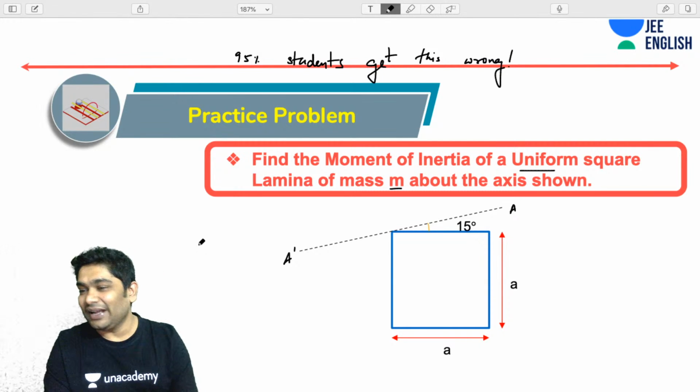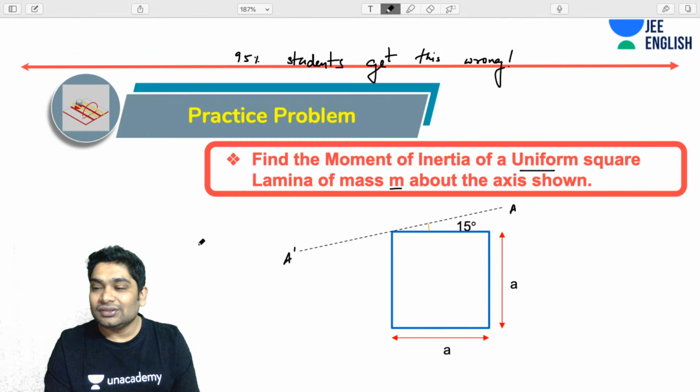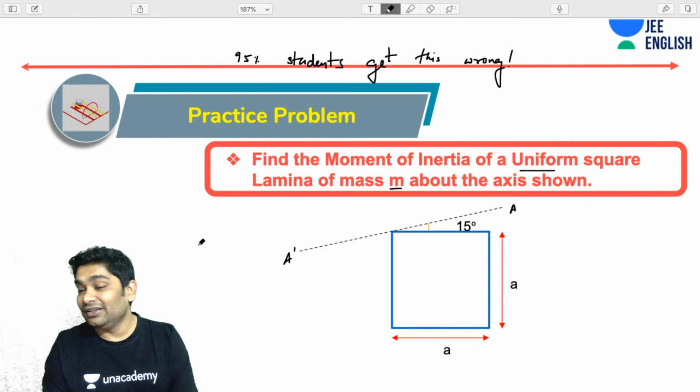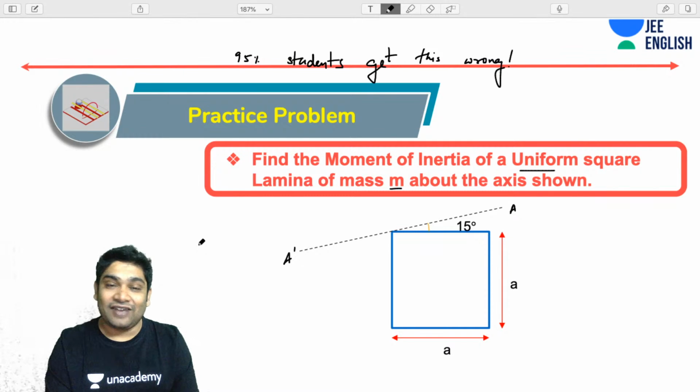Hopefully. That is my idea. As I said, 95% students make that mistake. So it's a very common mistake. So I want you to first try. If you make that mistake, then I want you to realize where you went wrong, why you made that mistake. If you don't understand where and why you're making mistakes, then how can you get rid of them, right?